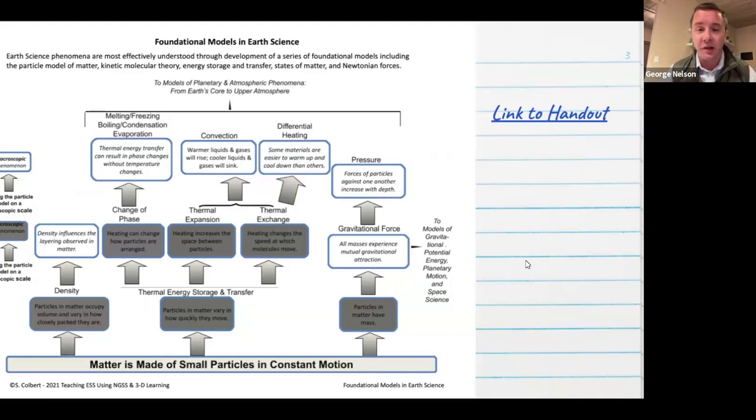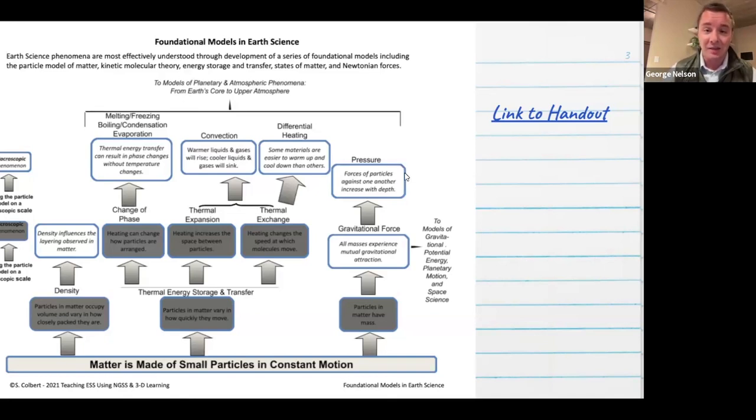It's almost like a continuation, a practicum, of physical science, where we start with particles and how they're in motion, and that really helps us describe phenomena in our geology units and weather and climate. A lot of it is thermal energy, how it's stored, how energy transfers, and the different parts of that.